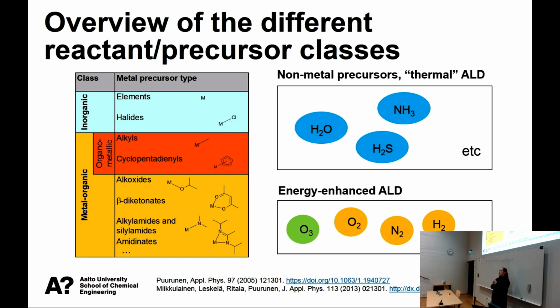But I will not talk about these energy-enhanced ALD processes here anymore, because if we talk of high surface area powders, then at least I am very skeptical whether you could ever get a uniform coating inside these. You have long diffusion paths, and even ozone will not be stable enough to go inside, and plasma still much less. But these are industrially relevant at the moment.